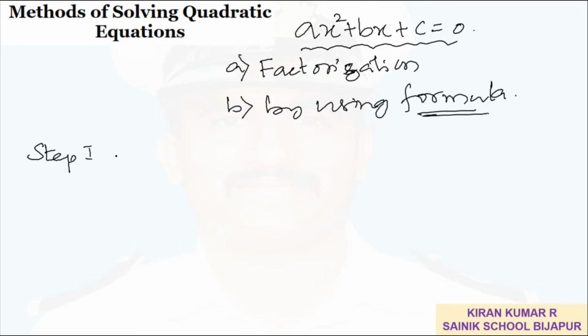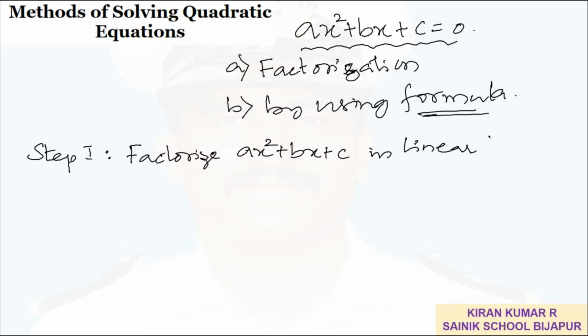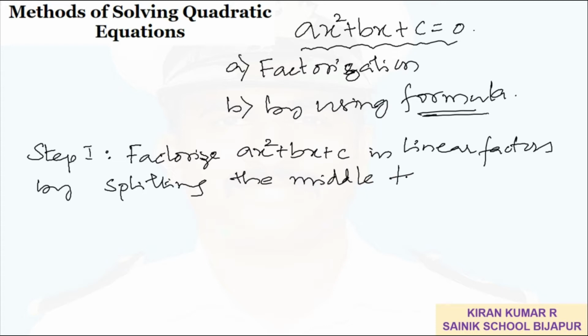Step 1, we will factorize ax square plus bx plus c in linear factors by splitting the middle term. And this method is also called as completing the square method.